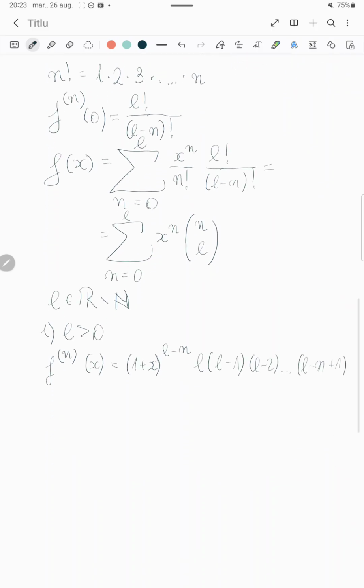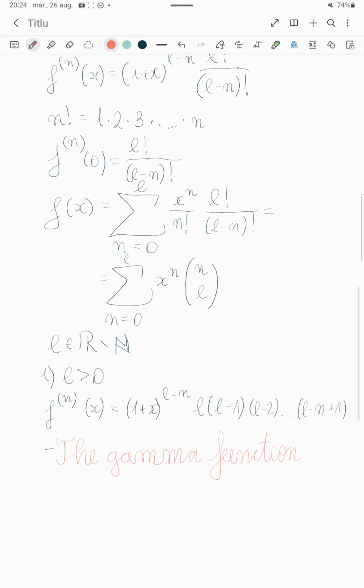And now I'm going to introduce you to the big mama gamma function. Okay, now you can think of this function as a generalization of this factorial.